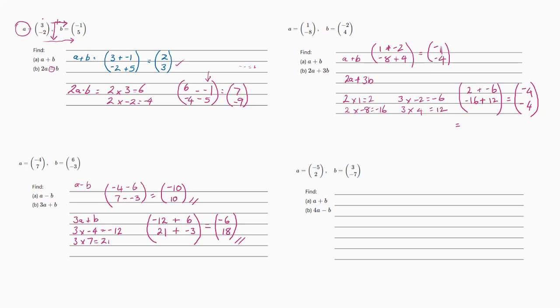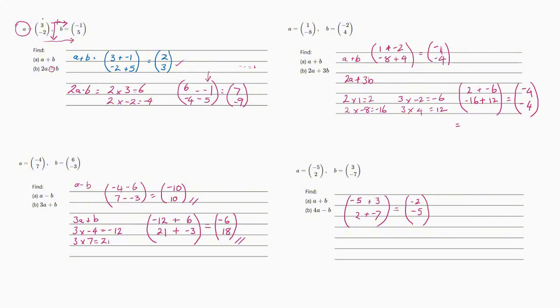And then finally, I'm going to be quiet on this one and I'll do it in silence and you can follow it. So A plus B is -2, -5.